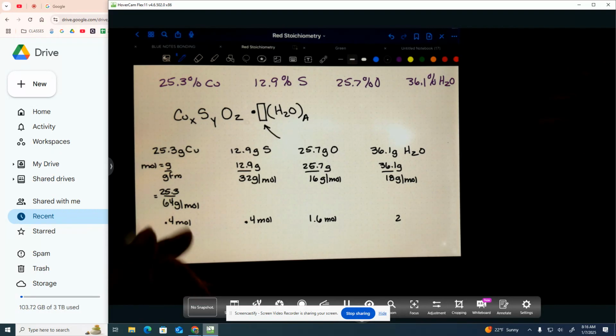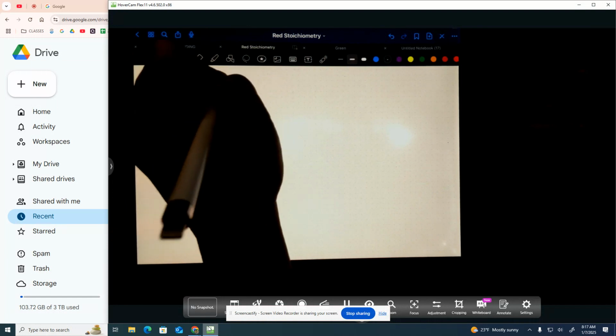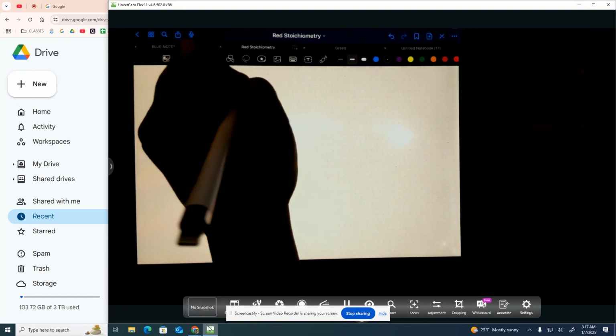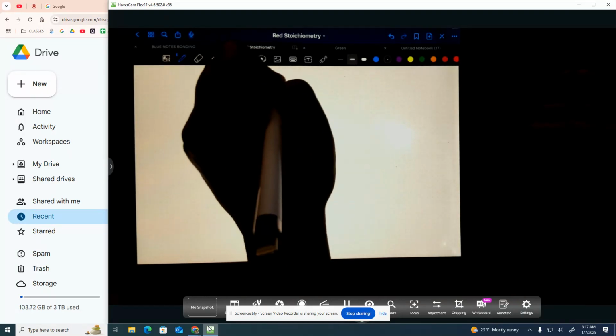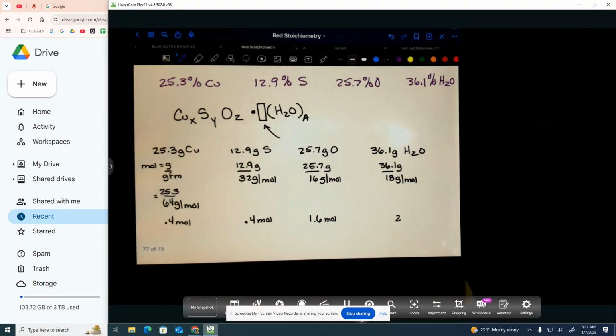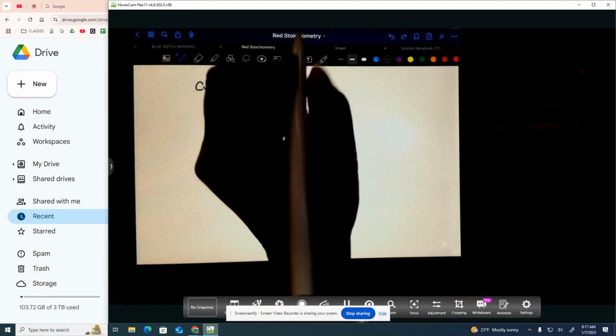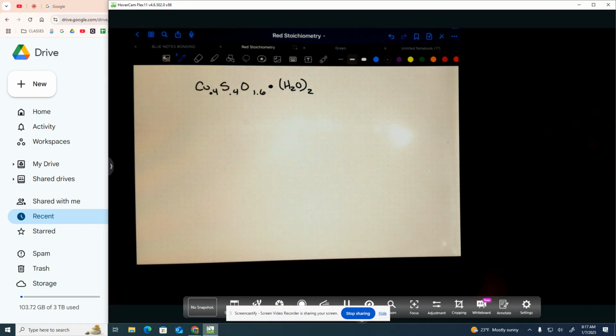Okay. I ran out of room here. Cu 0.4, S 0.4, O 1.6, H2O, and I'm going to put an X here. I lied. I'm going to put a 2 there. Okay.